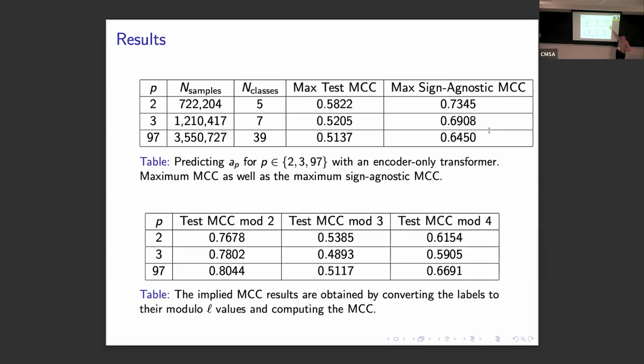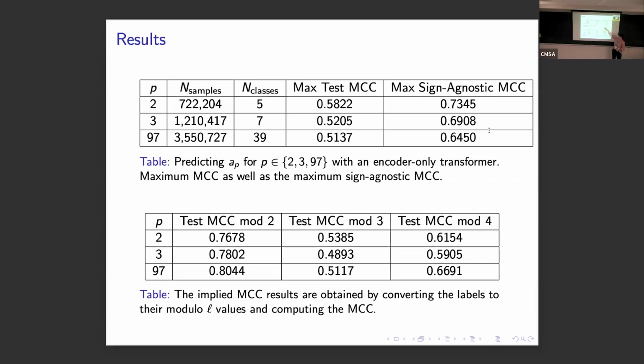It does jump. It's not like saying 73% accuracy because it's a different metric, but I don't think it's necessarily wrong to intuitively think of it the same way. Then, if we take the label that is predicted and reduce it mod 2, all of the experiments do way better than the initial experiment.